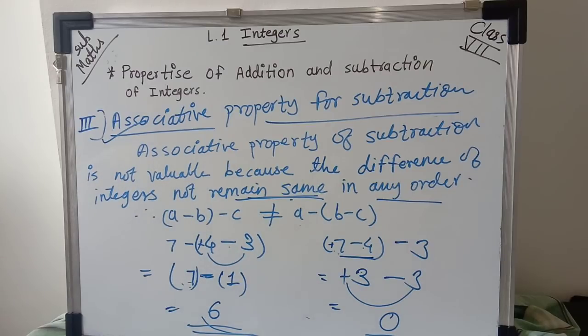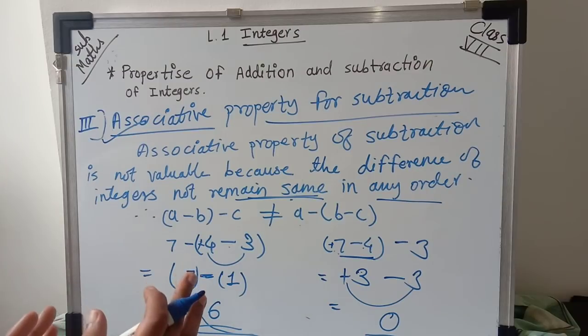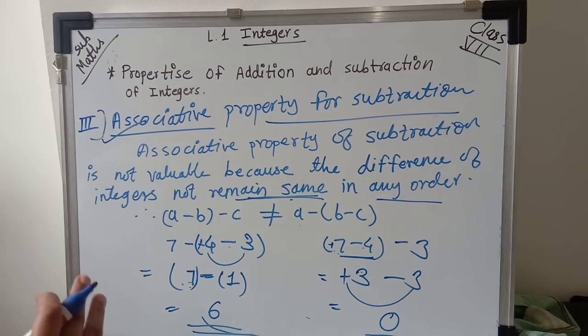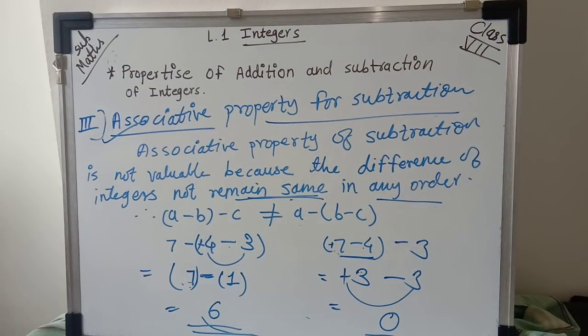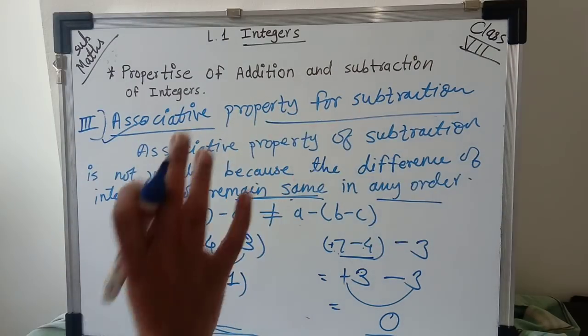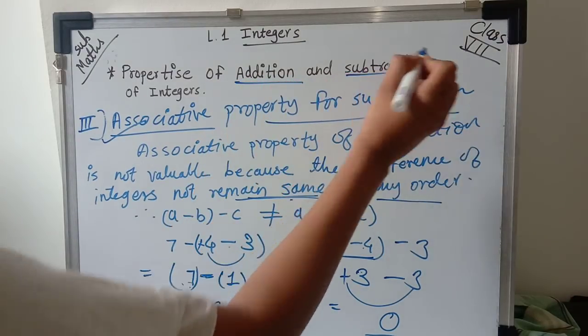But the commutative property and associative property are for addition only, not for subtraction, because when we change the order while adding integers the value remains the same, but when we subtract, the values are not the same in any order. So we have learned the three properties for addition and subtraction.